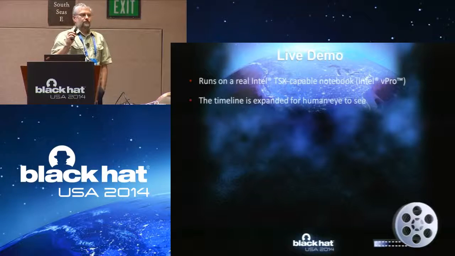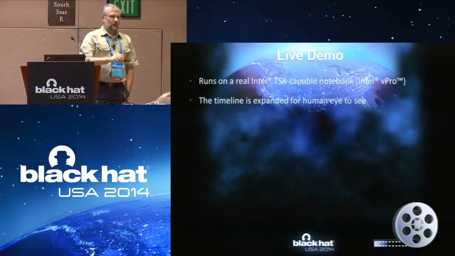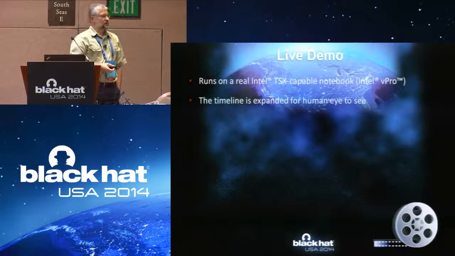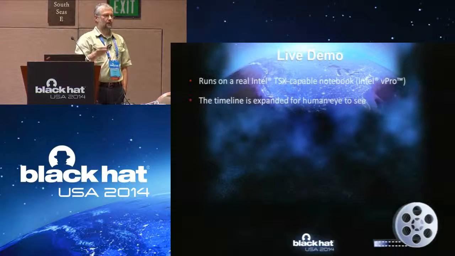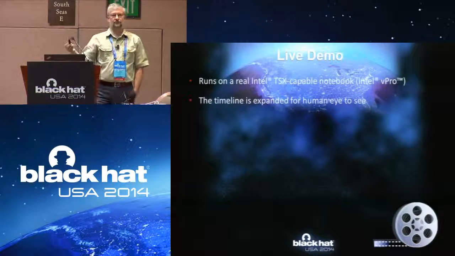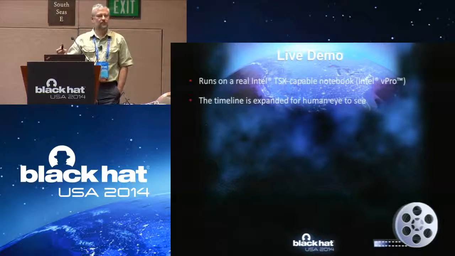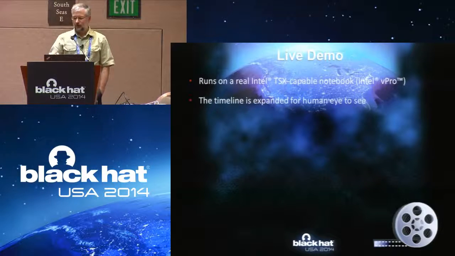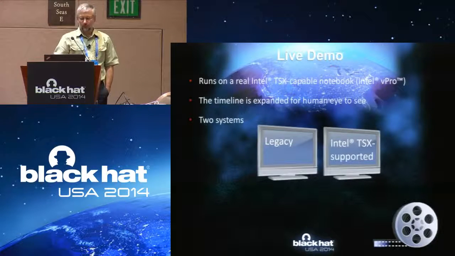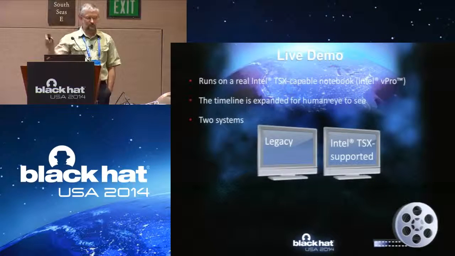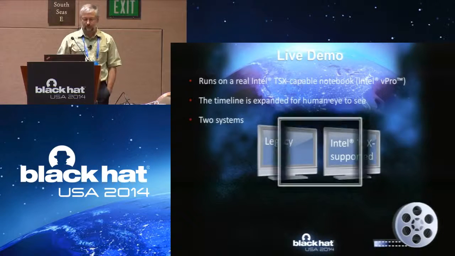So the CPU can execute millions of instructions in just a fraction of a second, so the demo is artificially delayed. Each and every memory read and write has a sleep of about 1/5 of a second for you to be able to see something. And I'll show you two systems in one program, one legacy, and one with TSX support.